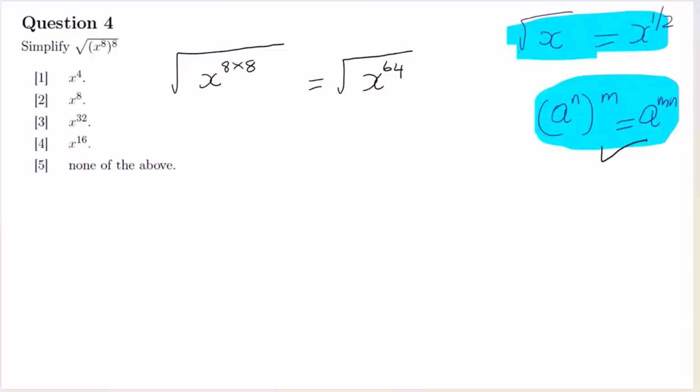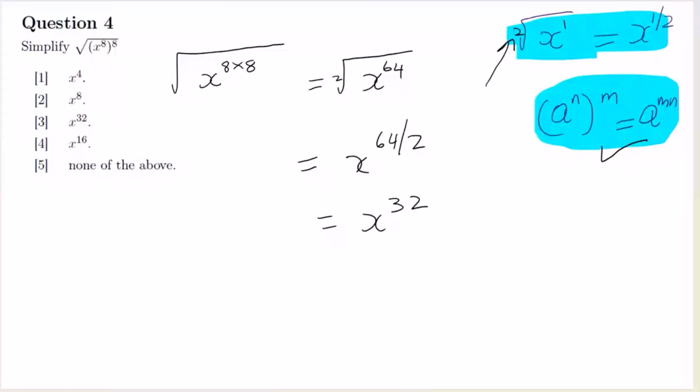Now we apply the second one, so it's going to be 64 to the power 1 over 2. 64 to the power 1 over 2 is going to be 32.